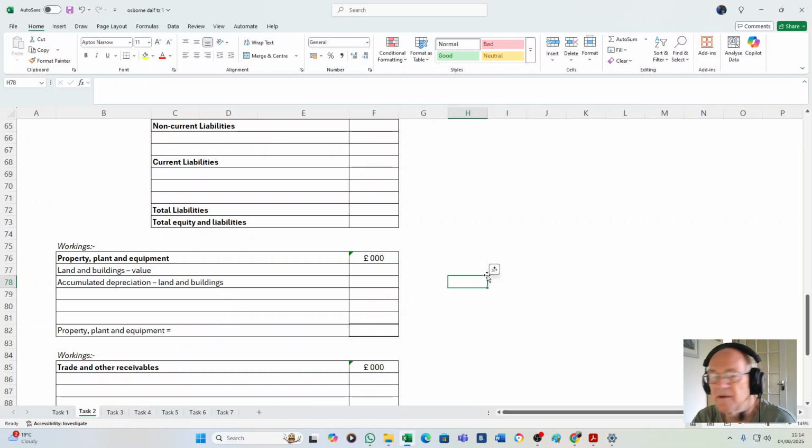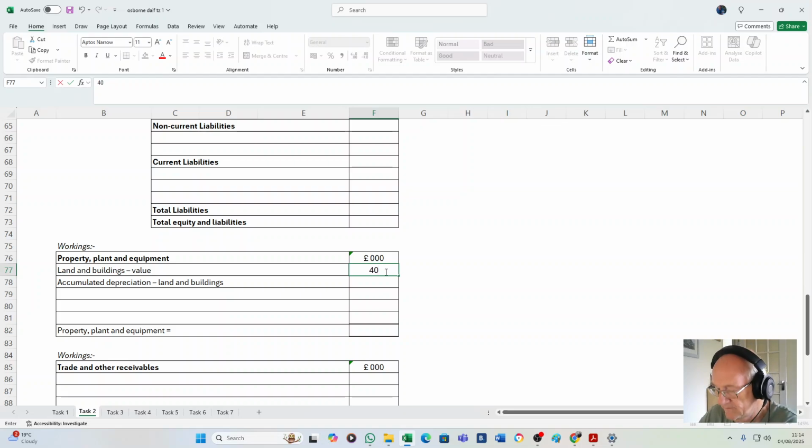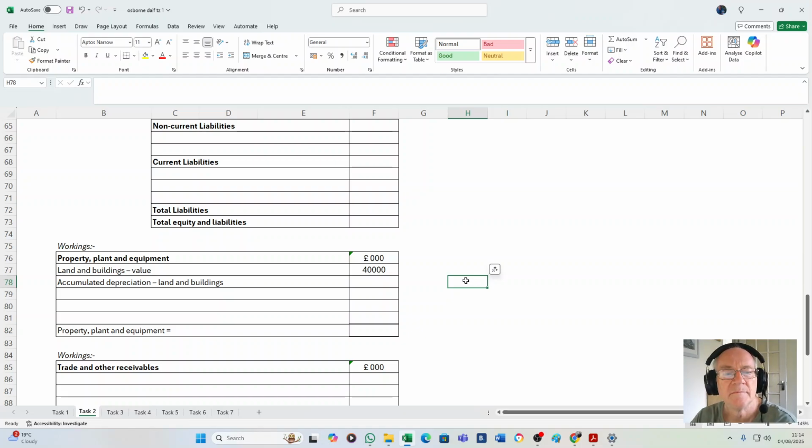So these workings out boxes are very important when things are going wrong, because the examiner needs to see where you're going wrong and only deduct marks for your mistakes, if you've made any.